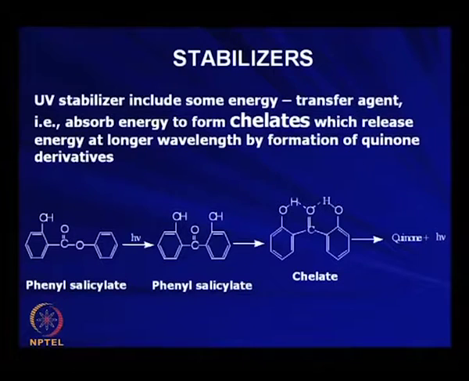So, UV is absorbed by the carbon black before it reaches the carbon-hydrogen bond of the polymer. So, it stabilizes the polyethylene. So, this is the use of carbon black, not as filler, but as UV stabilizer, in this tank.